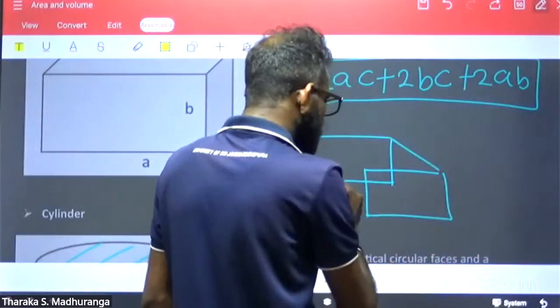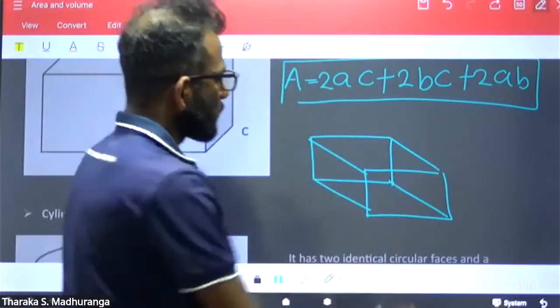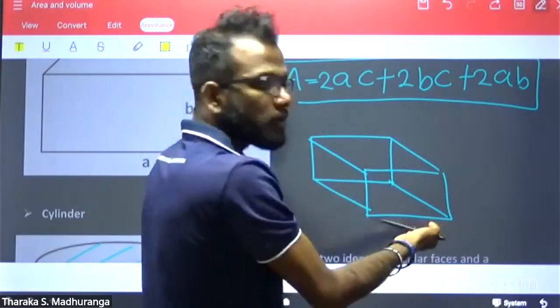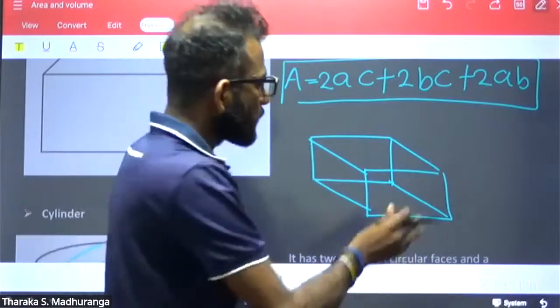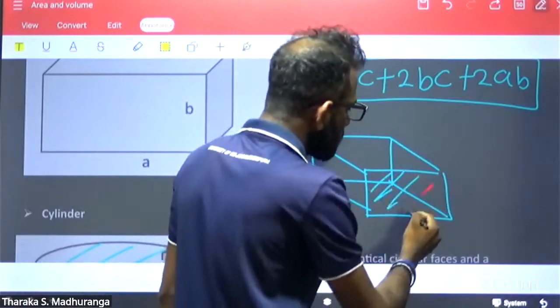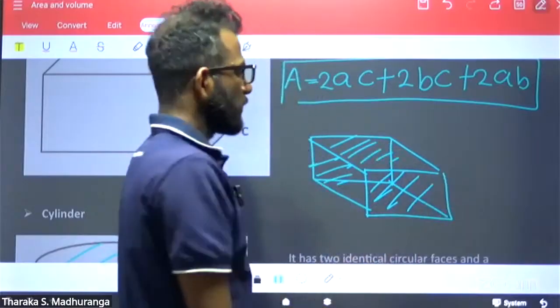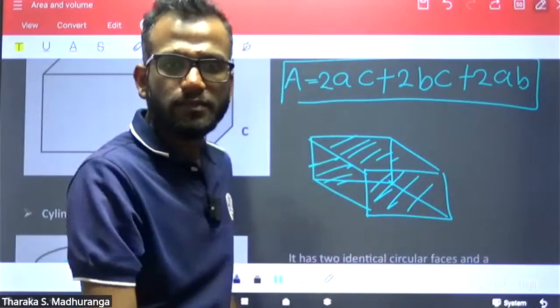You have to get the three different surfaces: front surface, side surface, and base surface, separately, multiply each by 2 and add.